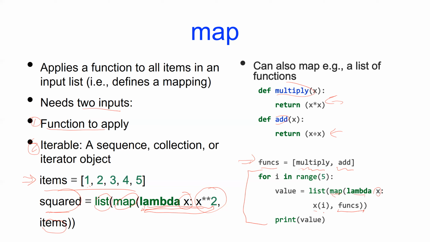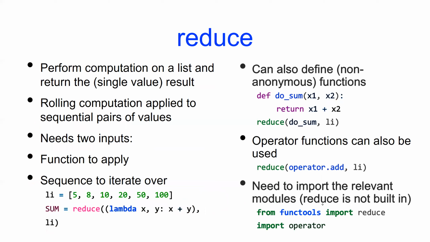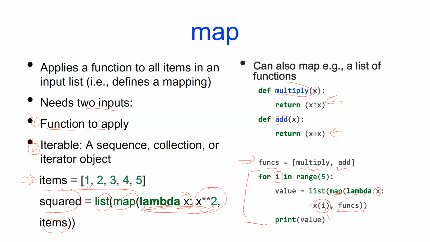Then I will call x of i. What is i? i is your variable, which is your loop variable, right? Each time it takes 0, 1, 2, 3, 4. Each time the i will take an integer value, but the x will take a function name.